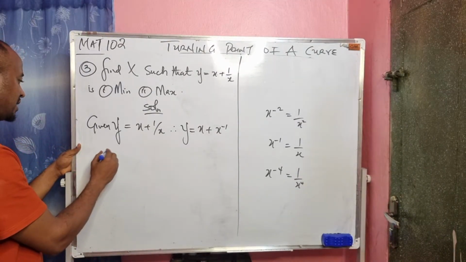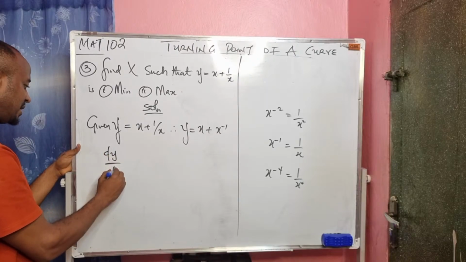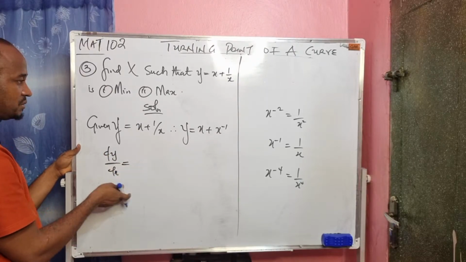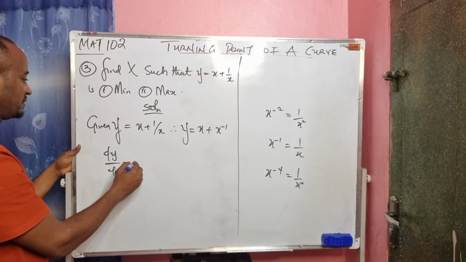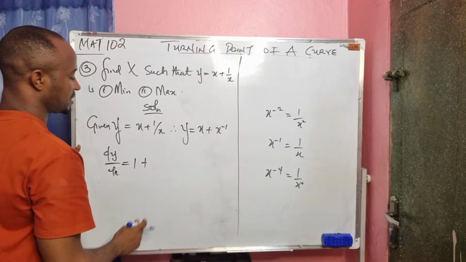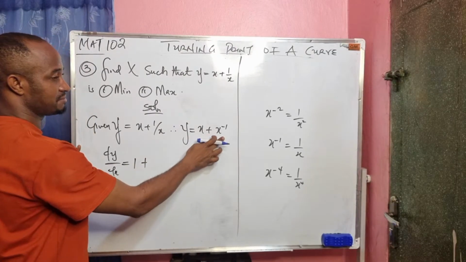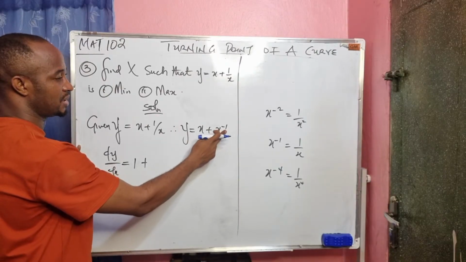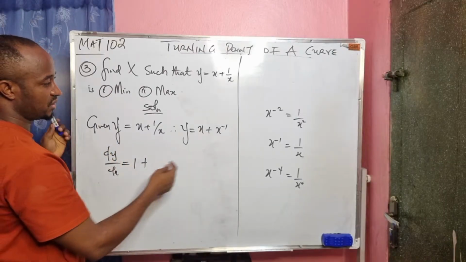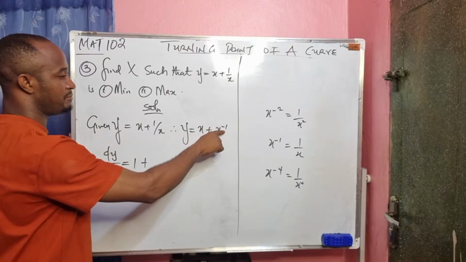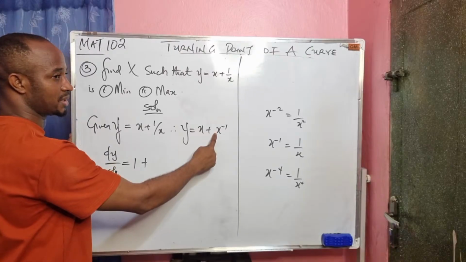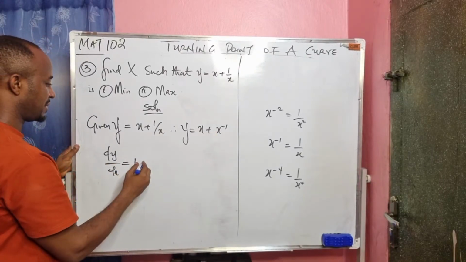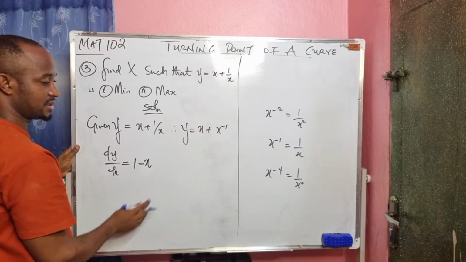So let's differentiate. dy/dx equals, differentiating x gives us 1. Here we have plus, differentiate x to the power of minus 1. The rule says multiply the power with the coefficient of x. The coefficient of x is plus 1, so minus 1 times plus 1 gives us minus 1.